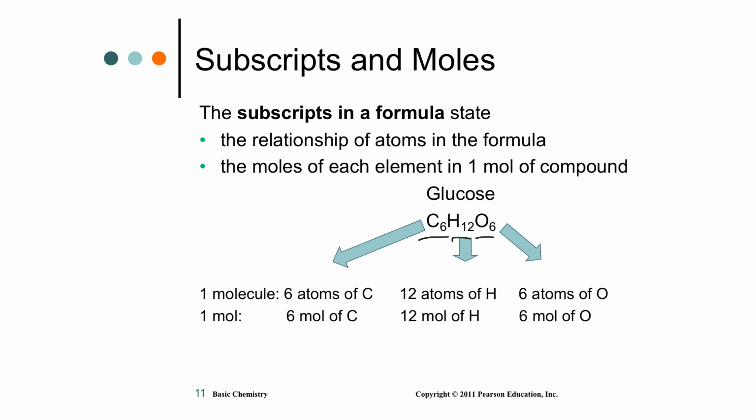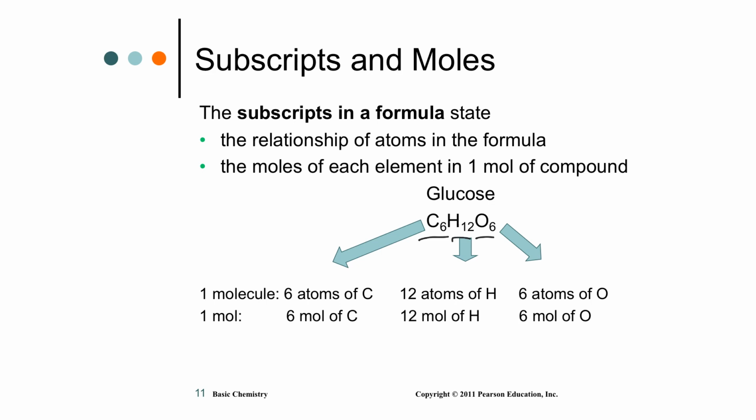Think of it like a peanut butter sandwich. If I have a dozen sandwiches, how many pieces of bread do I have? Well, there's 2 pieces of bread in each sandwich. That means I need to take 2 and multiply it by the number of dozens. So a dozen sandwiches times 2, I would have 2 dozen pieces of bread.